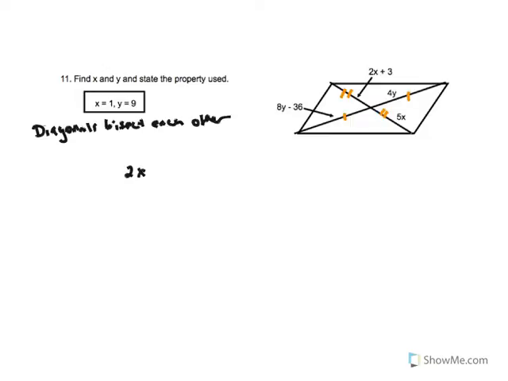So 2x plus 3 equals 5x should be our first equation, because this piece here is equal to this piece here. And then our second equation should be 8y minus 36 equals 4y, because this piece here is equal to this piece here. So now we solve. We get the x's together.